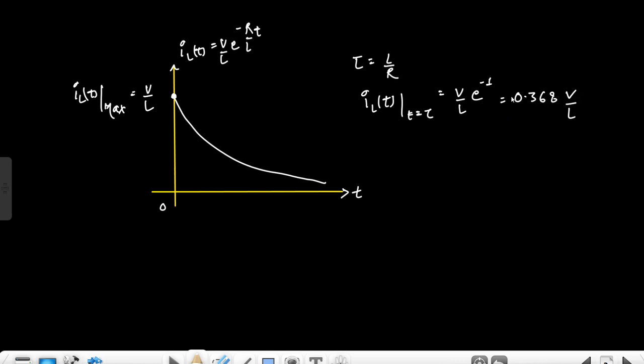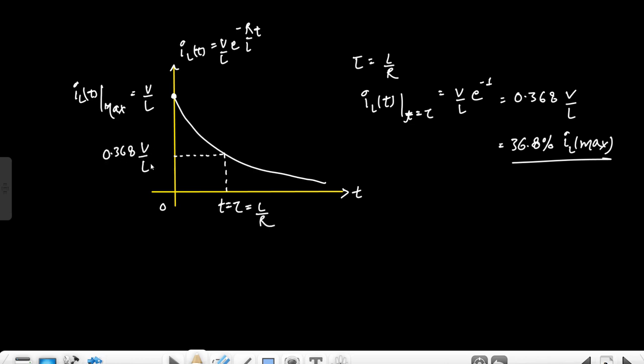It is the very well-known value: at t equal to the time constant, the value is 36.8% of the maximum value, right? This is the IL maximum. So at this time constant, which is L by R, the value is 0.368 of V by L.